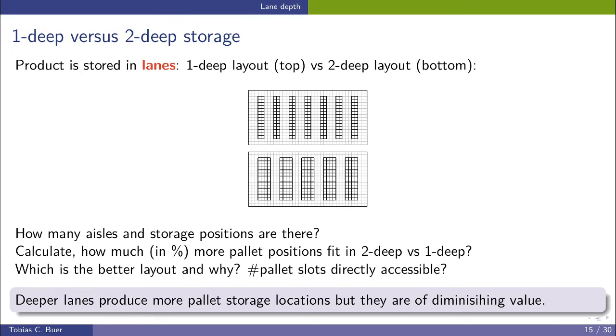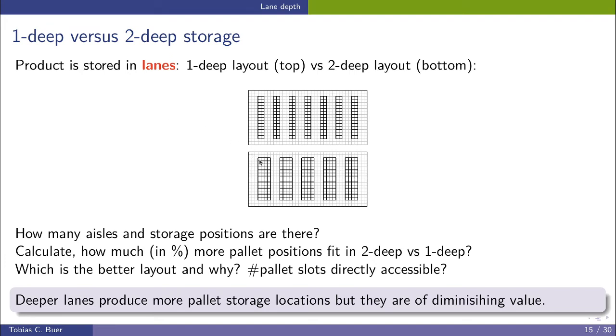We are interested in this direct access of a pallet. In the lower picture, once we remove the first pallet, we can access the second pallet when we do this from the left side. And when we access it from the right side, we can also remove 2 pallets in a row.